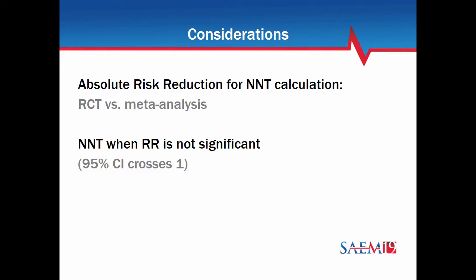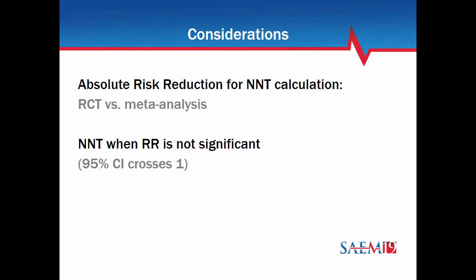So the numbers that they get in the meta-analysis are not always the numbers that you get from calculating the raw numbers. Most Cochrane reviews give you the absolute risk differences or the NNT, and those are the ones that you should use to get your NNTs.